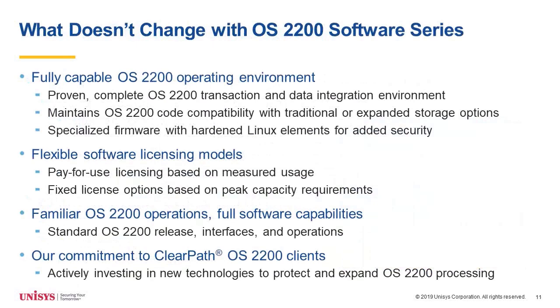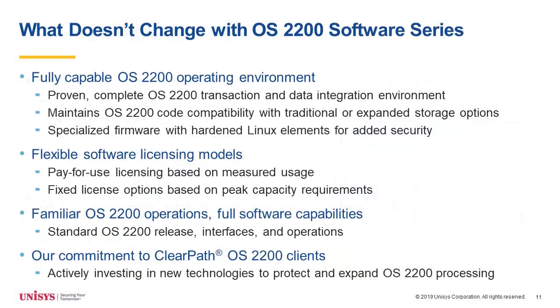But as important as the changes are that we're introducing with the software series design, we need to make sure that we recognize what shouldn't change and what doesn't change with this new release that we'll be talking about today. The capabilities within software series are fully in line with the OS 2200 processing environment.